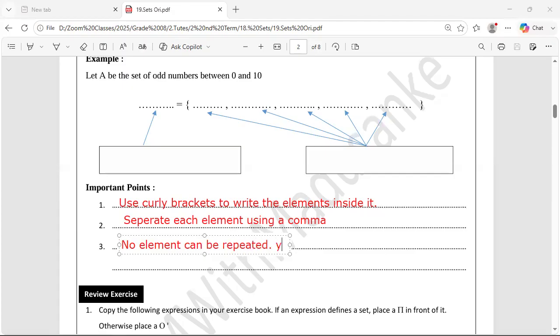That means you cannot write the same element twice. So these are the most important points that you need to remember.